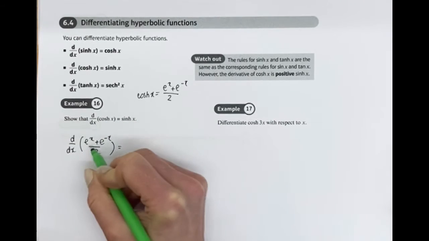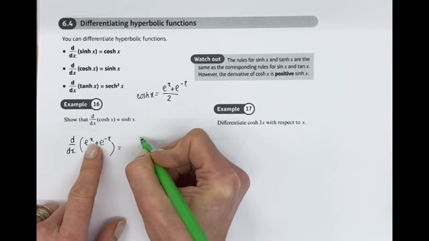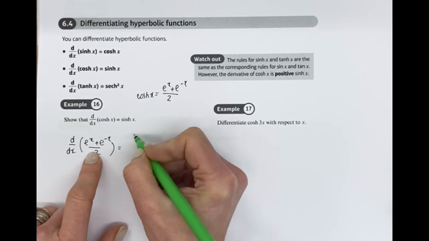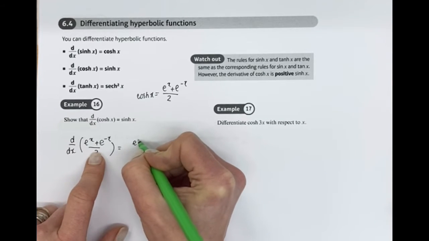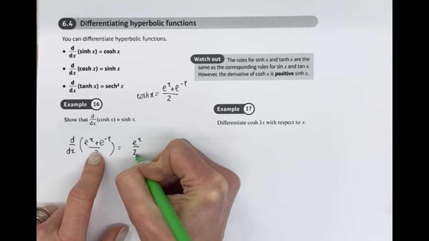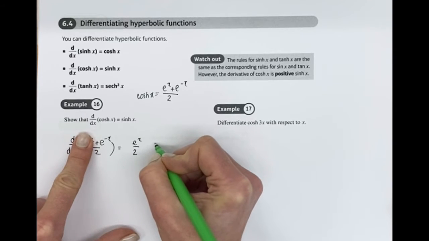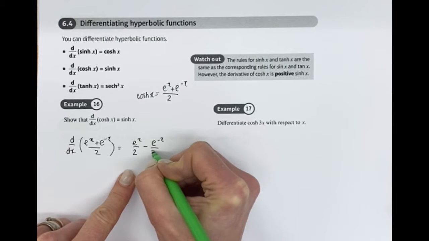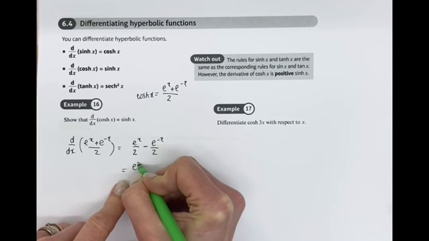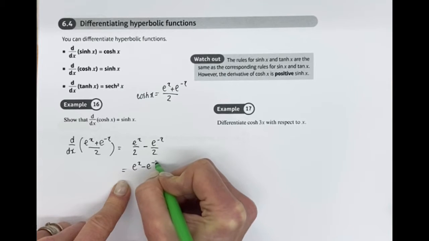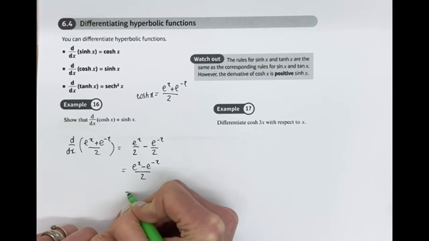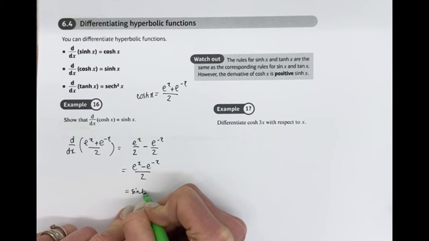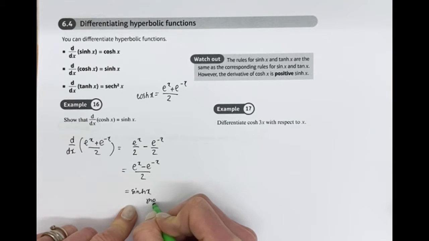So e to the power of x over 2 goes to e to the power of x over 2, and e to the power of minus x over 2 goes to minus e to the power of minus x over 2, which is e to the power of x minus e to the power of minus x, over 2, which is sinh x, shown.